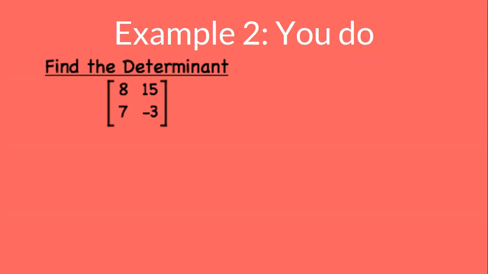All right, here's yours. Find the determinant. We're going to call this matrix C. Okay, so to find the determinant of C, you should have cross multiplied.